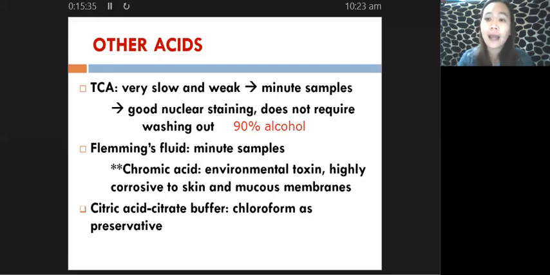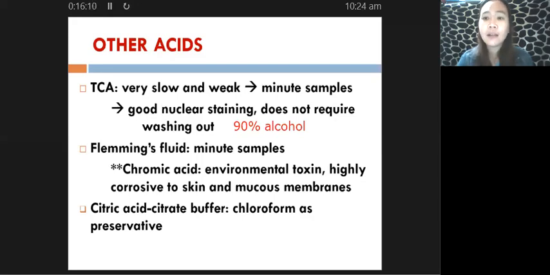Your chromic acid, being an environmental toxin, would require special protocols for its disposal. So you cannot just dispose of it in your sink. You cannot just throw it away. You have to follow special protocols or procedures with the disposal of your chromic acid.